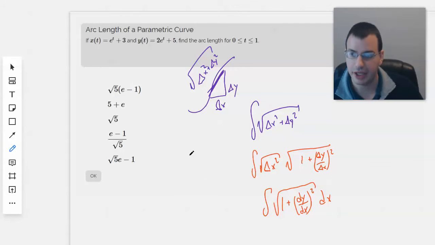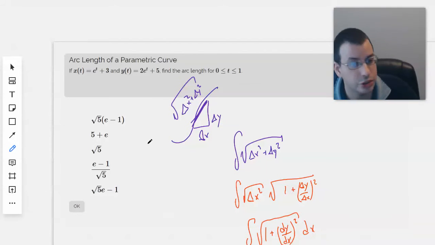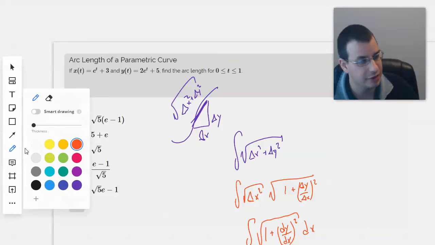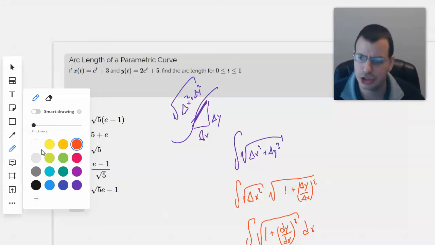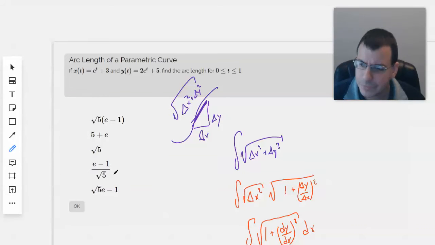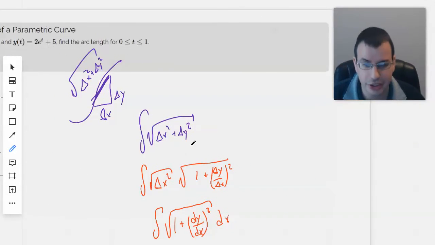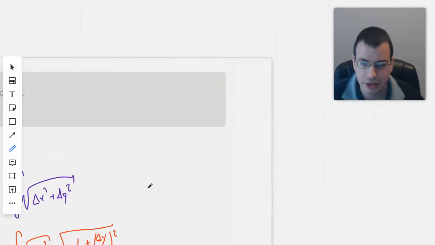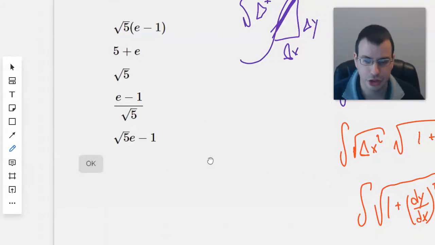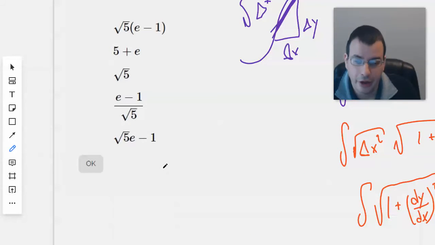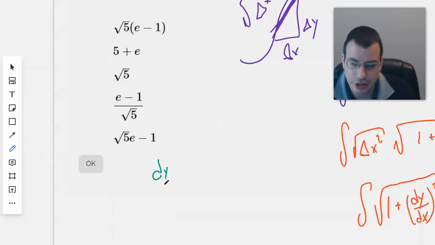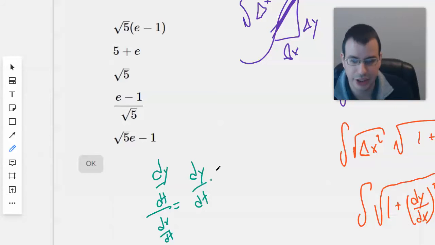But to find dy dx, we need to use parametric equations because we're not given y in terms of x or x in terms of y. So the easiest way to do this is another, I guess, mnemonic. We have dy dt over dx dt equals dy dt times dt dx.